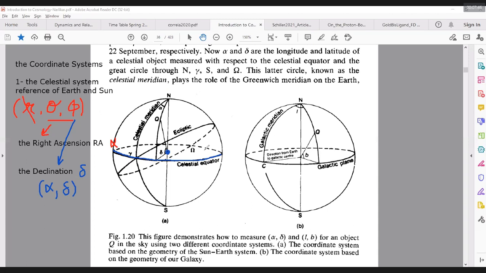That equates a sphere into two hemispheres. So this is your celestial equator, and then this is your celestial plane.